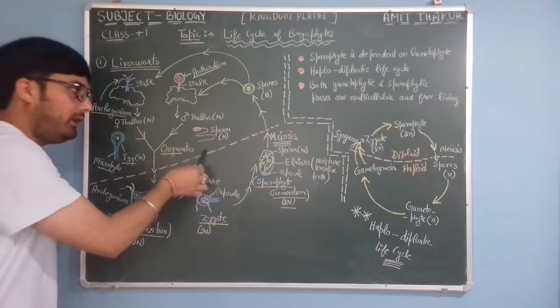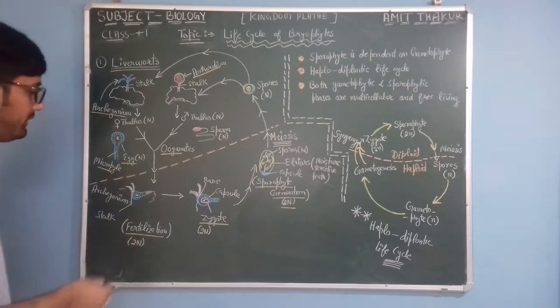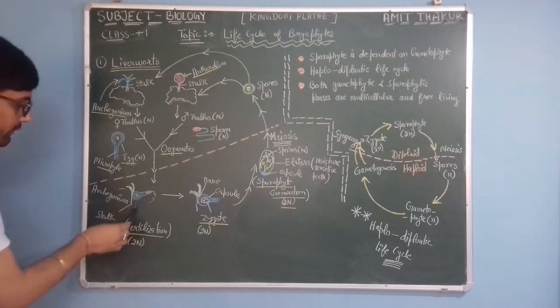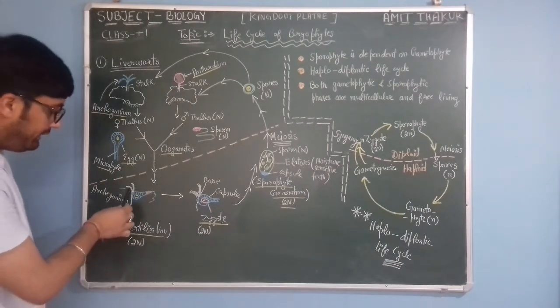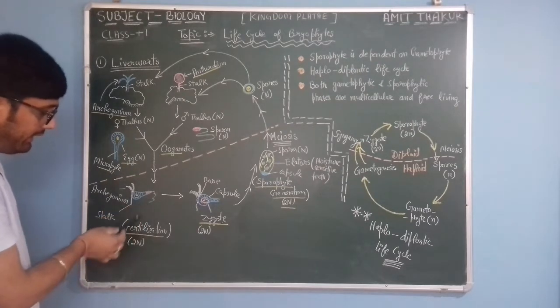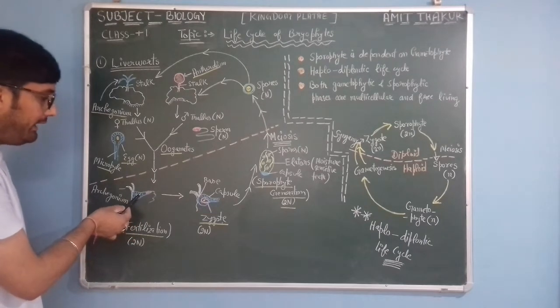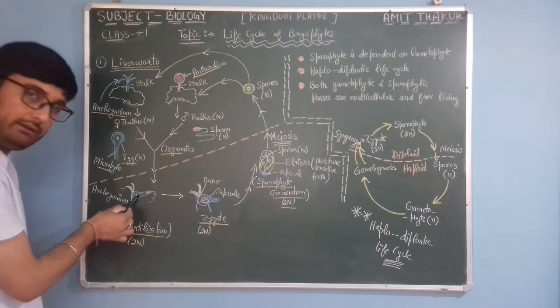So only the sperm is motile, that's why it is an oogamous type of fusion. So after the fusion, what would happen? You can see over here, this is fertilization. This is the archegonium structure, stalk, and this is the egg, and now this sperm is going to enter inside this egg through this micropyle region.